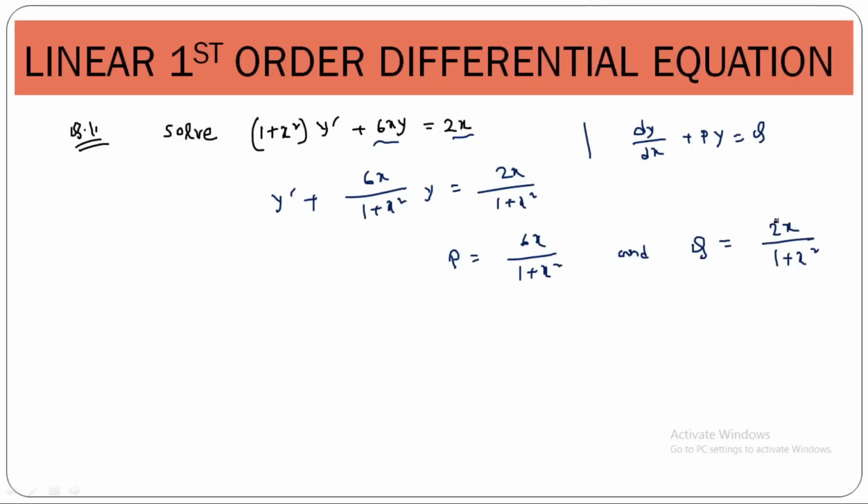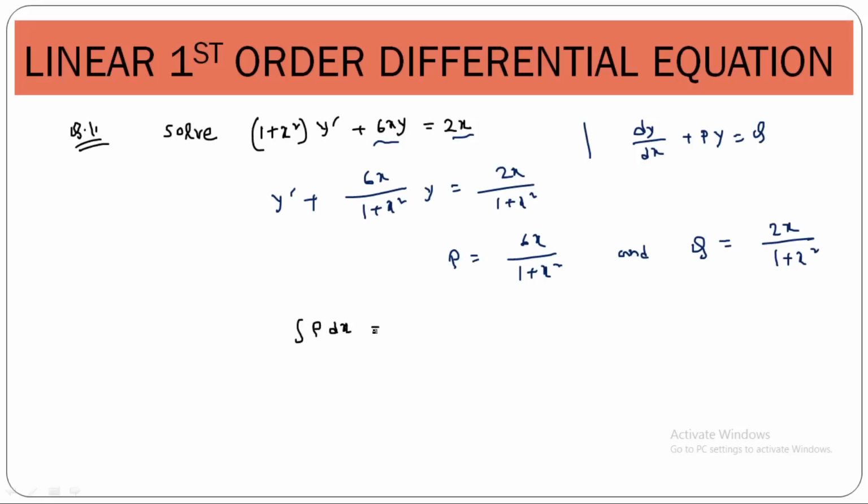So first what you have to do is find out the IF, the integrating factor. So what is the integrating factor? This is nothing but e to the power integration p dx. So first let me find out the integration p dx, then I'll write the IF.